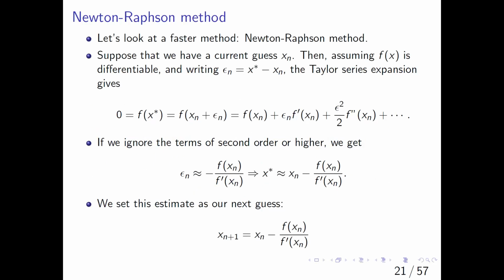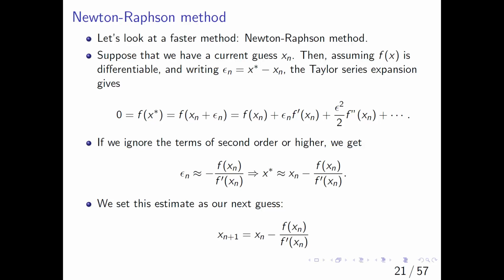In engineering, most of the time we don't use bisection, even though it's straightforward. We use the Newton-Raphson method, or simply called Newton's method. Newton's method also starts with a guess.